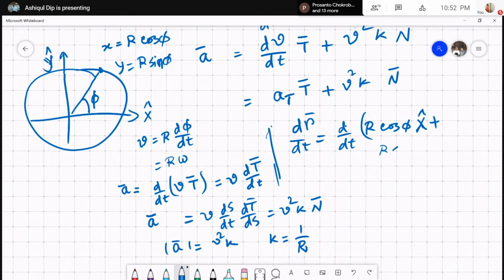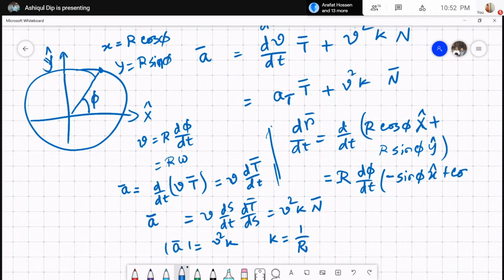So r sine phi y hat, and if you take the derivative with respect to time, you just have your r out of this derivative, and by differentiation you have d phi over dt and then minus sine phi x hat plus cosine phi y hat. Do you agree with that?